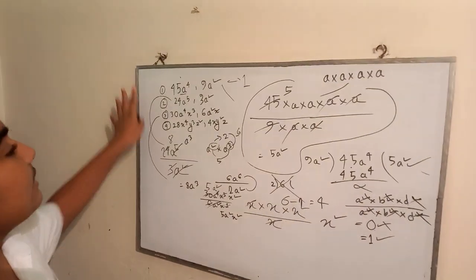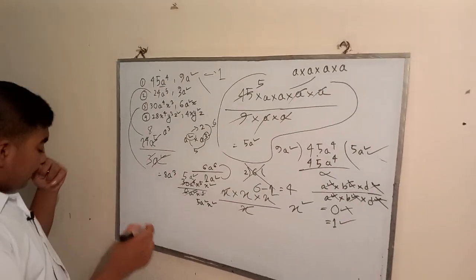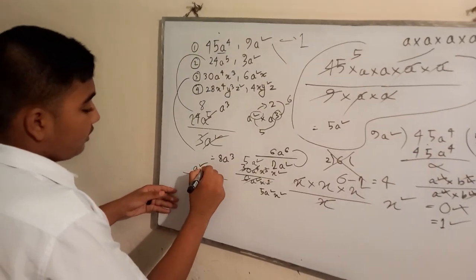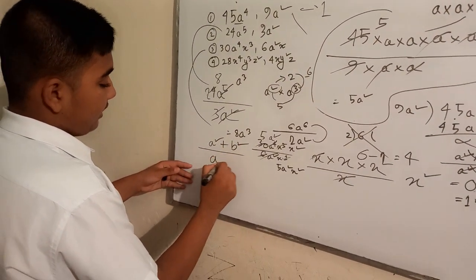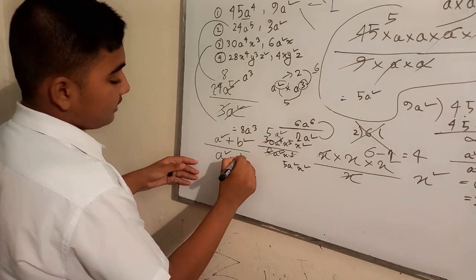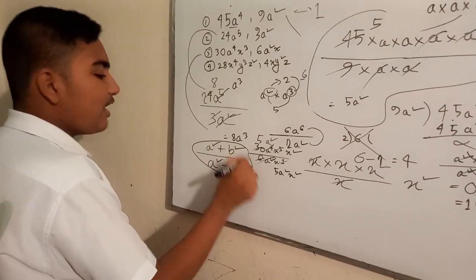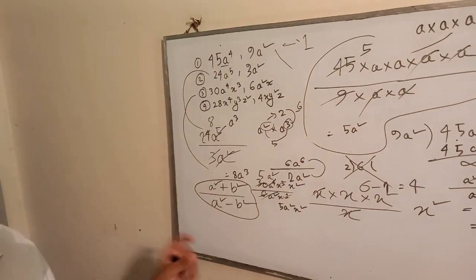So these are the basic rules of this kind of sums. But if in the upper part there is a square plus b square, a square minus b square, then in this kind of sum you have to do it a little differently. But we will know the detail in the next part.